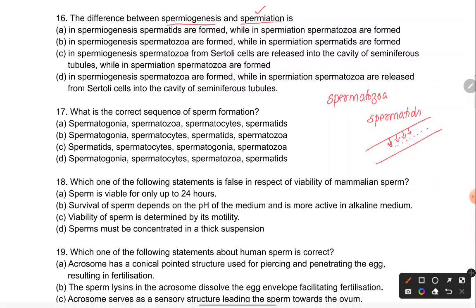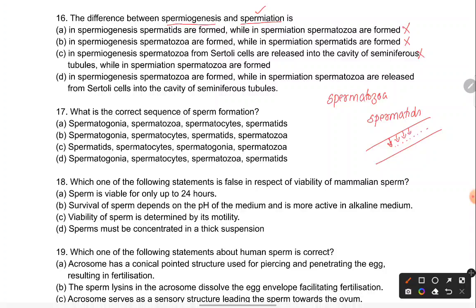Now we can see the options. In spermiogenesis, spermatids are formed, while in spermiation, spermatozoa are formed. Wrong. In spermiogenesis, spermatozoa are formed, while in spermiation, spermatids are formed. That's also wrong. In spermiogenesis, spermatozoa from Sertoli cells are released into the cavity of seminiferous tubules.